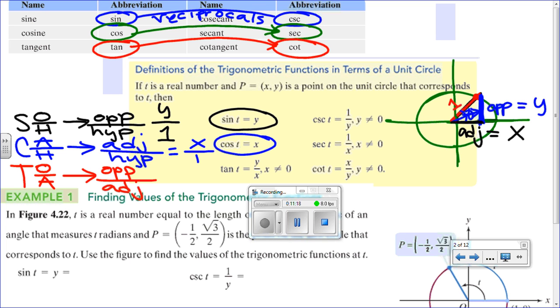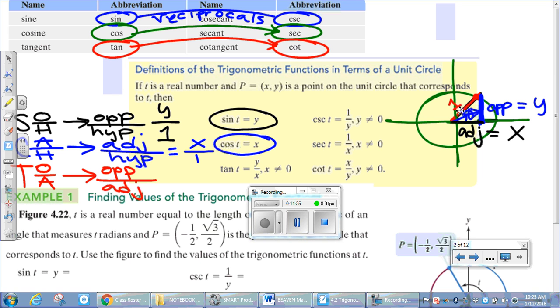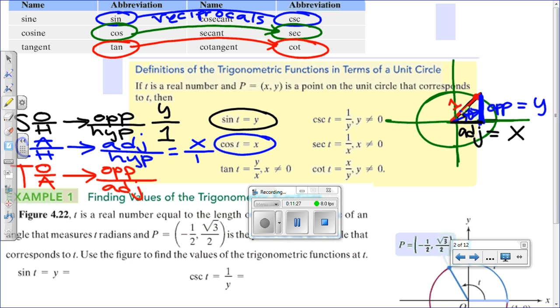And then for tangent, if we take the opposite side from this angle here, the opposite side will be y, and the adjacent side will be x. And so that's why, for tangent, we have y over x.